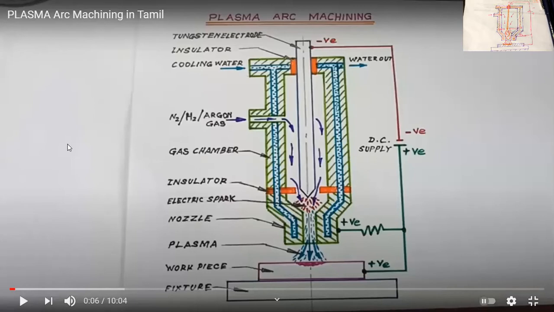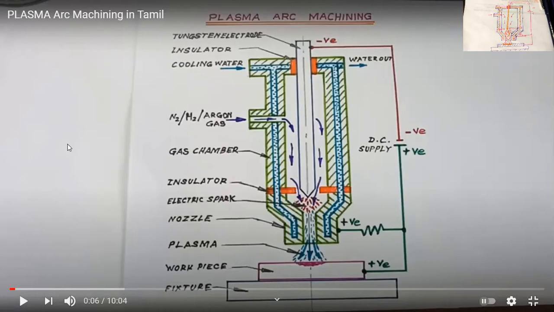So we have already generated plasma. I'm not discussing this diagram now. I'm just giving an overview, and then one by one I'll show each part, how plasma is generated, and what the difference is between transferred arc and non-transferred arc. I'll discuss those things with the diagrams.